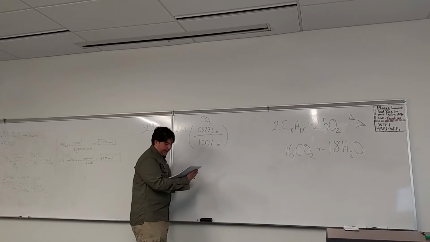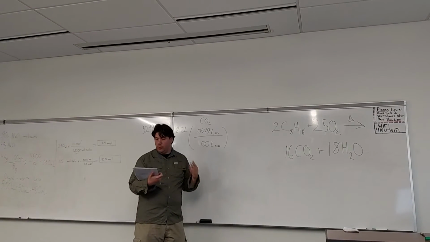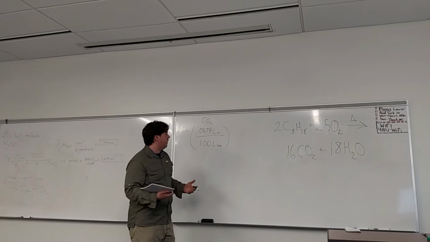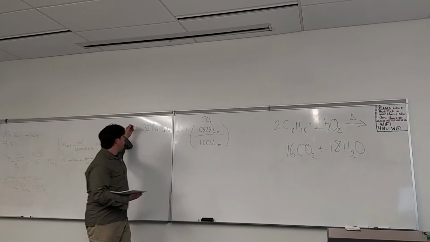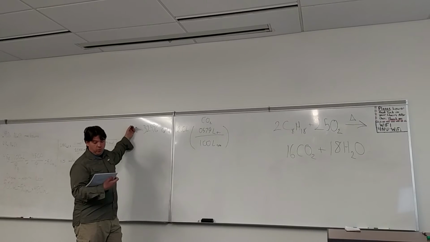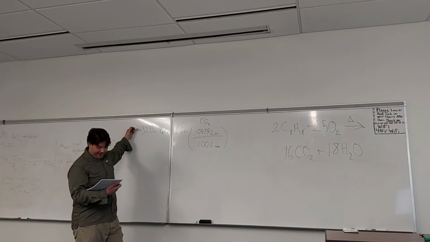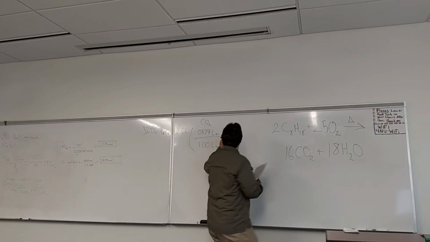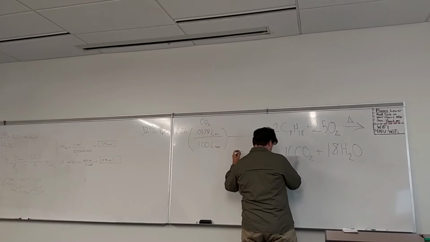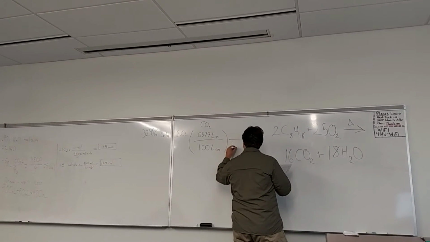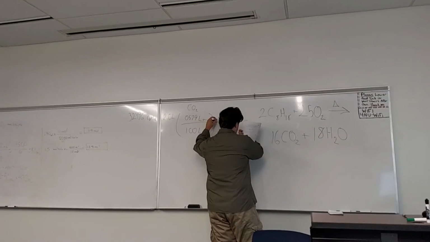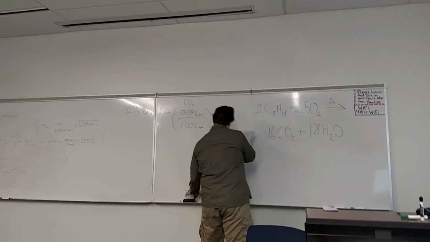We would then multiply by whatever the molar value of octane is. So in our previous equation, we found that 2 moles equals this. So 1 mole of octane would be 1/2 that value. Got that upside down.